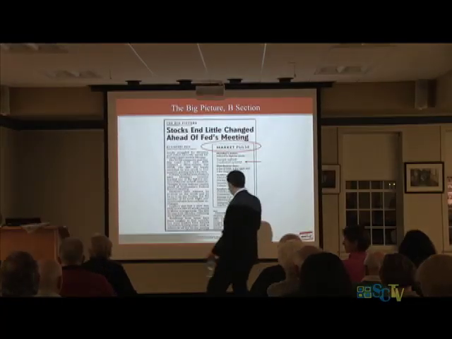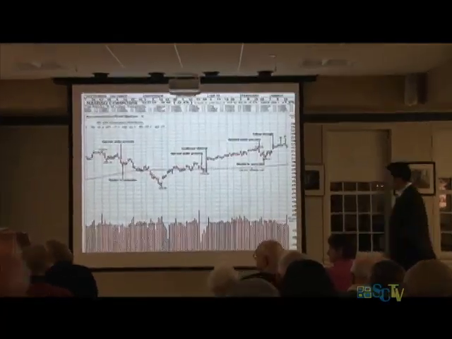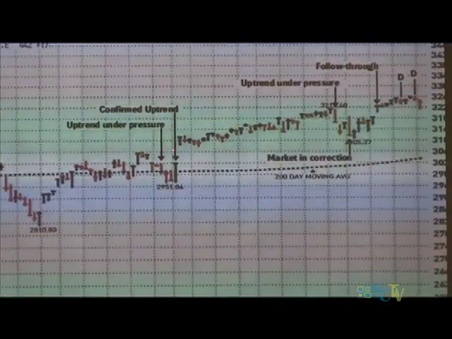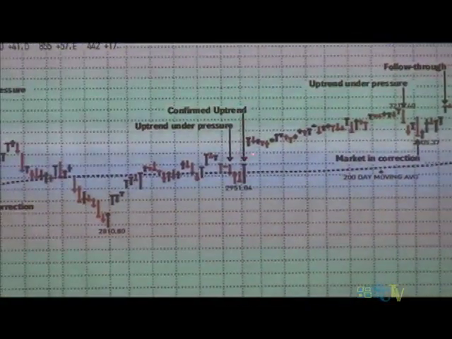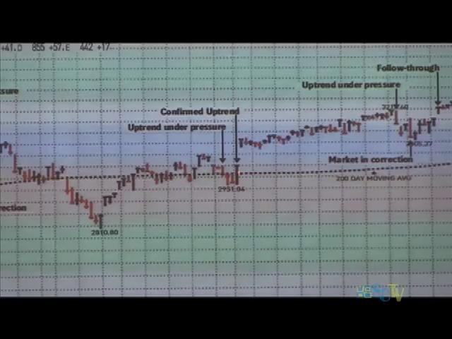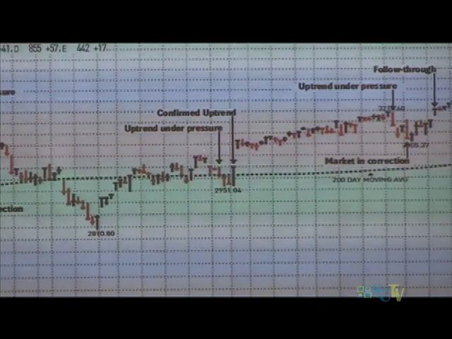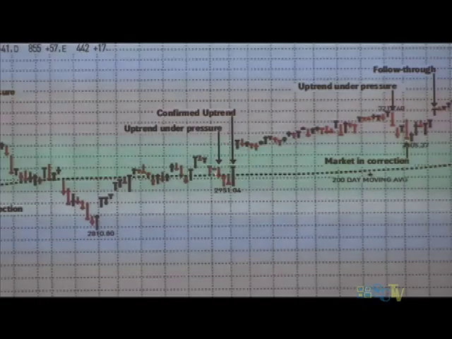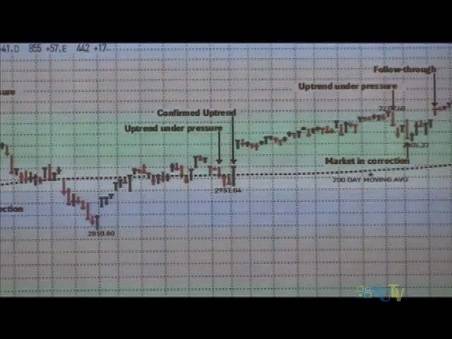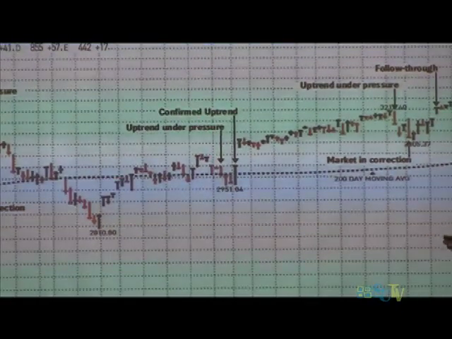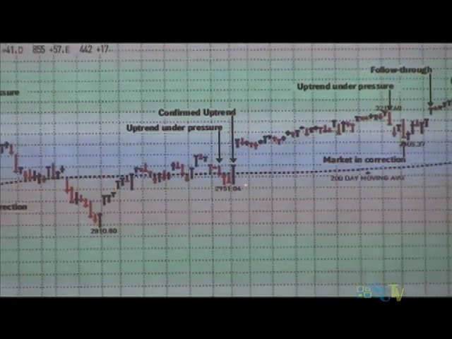Back on the chart? The confirmed uptrend in the middle of the chart there, that came on 1 day's trading. There was no momentum built. Right, because we never technically went into a correction. Okay, we were under pressure, and because we never technically went into a correction, we can go back to confirmed uptrend as long as the market shows trend.